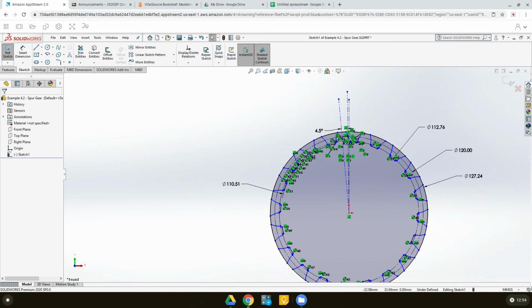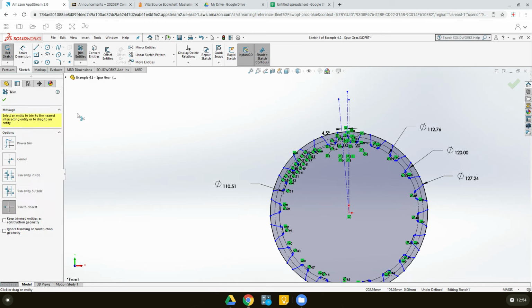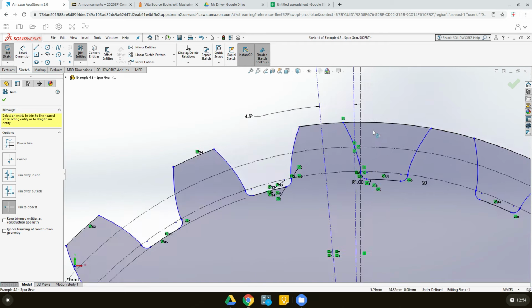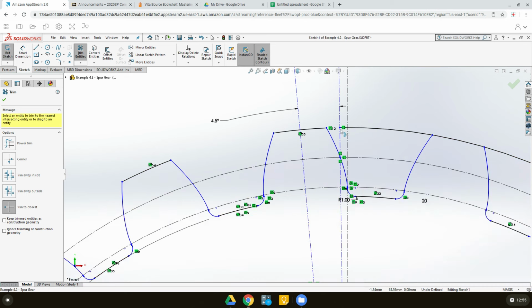Then we need to start chopping the addendum circle. I'm gonna click on save just in case, and continue to chop the addendum circle here very carefully. Don't chop things that you want to keep. Okay, here there are a bunch of lines, so we gotta be careful chopping every single thing.